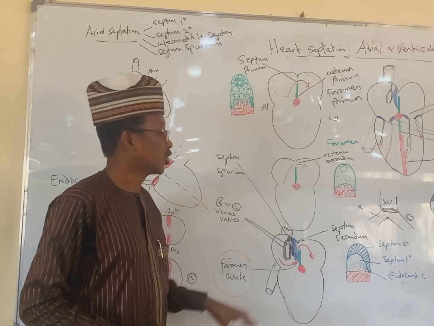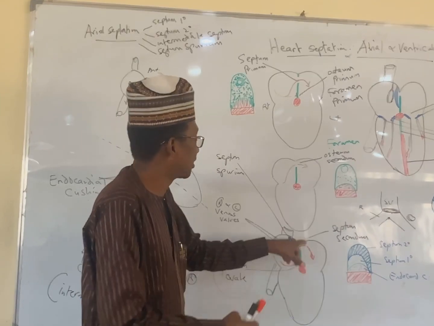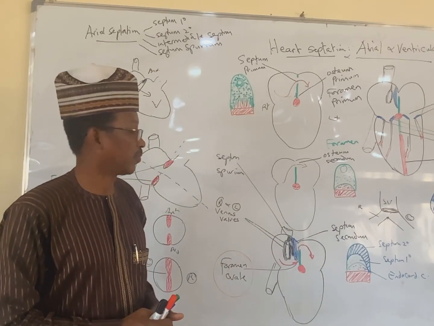Are you clear? So these are the combination of structures that are combined together to form the interatrial septum.